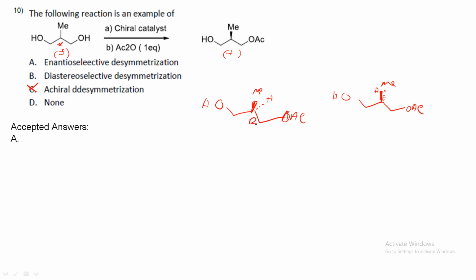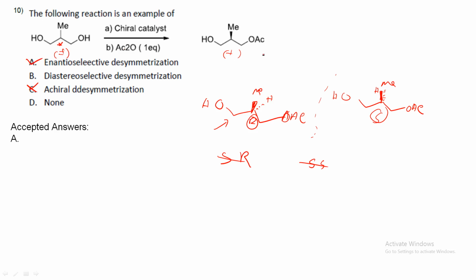So if R, it is an enantiomer. Let's say here if we had another chiral center, then only we could say it is a diastereomer, because then it would be RS and let's say it would be SS. So then it would be a diastereomer. But here only one chiral center is there. That's why we can say it is enantioselective.